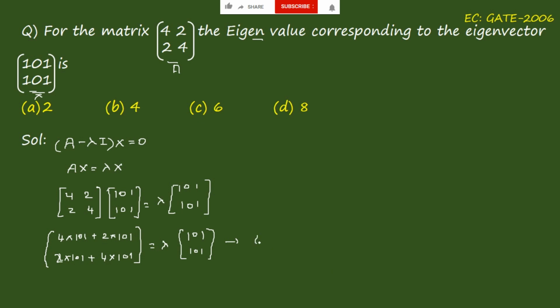So we can take 6 common, so it becomes 6 times 1, 1 equal to lambda times 1 and 1. So the lambda value is 6. So the answer is option C.